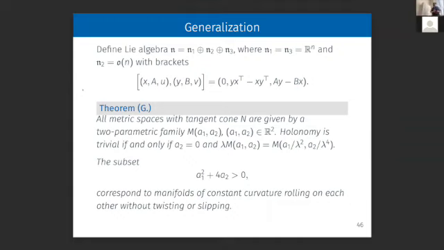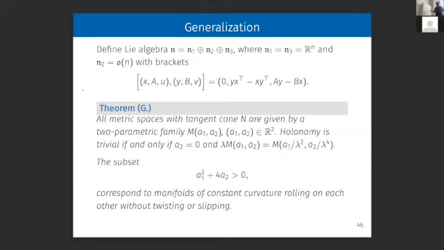And a subset of these corresponds exactly to these sort of rolling spaces. It was conventional wisdom before I did that that all these rolling spaces were exactly all the models that existed. And I showed that these were only contained in a subspace of all of these sort of things. So that's the second case.